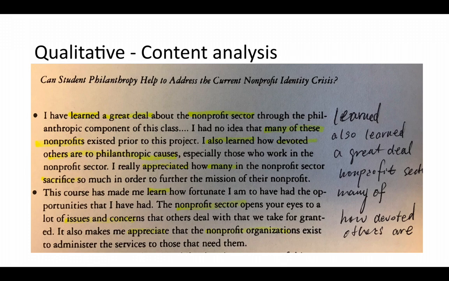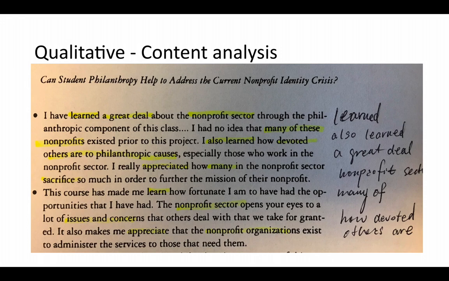So instead of traditionally foundations giving money to nonprofit organizations, now the foundations grant money to students, and the students use that money to invest in nonprofit organizations. So student philanthropy, hopefully, the aim is students can learn by giving.